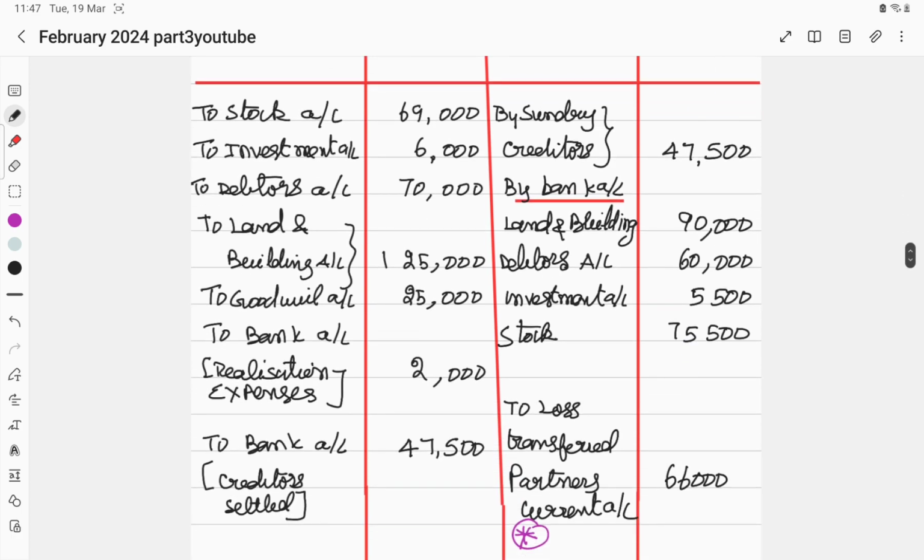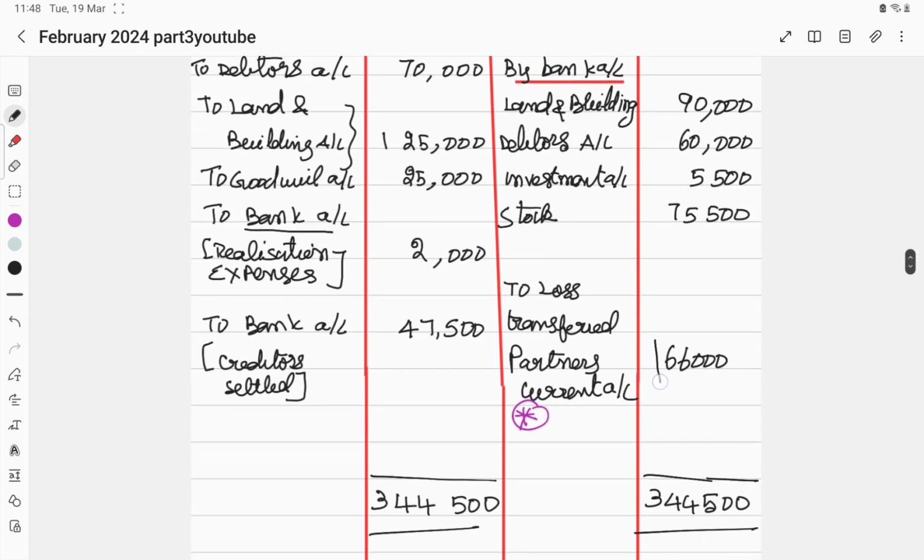As per the information given, land and building 90,000, debtors 60,000, investment account 5,500, stock 75,000 are realized. Therefore, it comes under by bank account. So creditors 47,500 are to be settled to bank account 47,500. Here realization expenses 2000 are also settled by bank account, to bank account 2000.